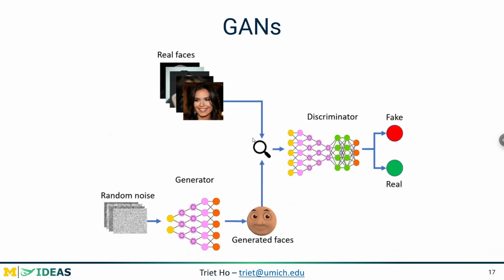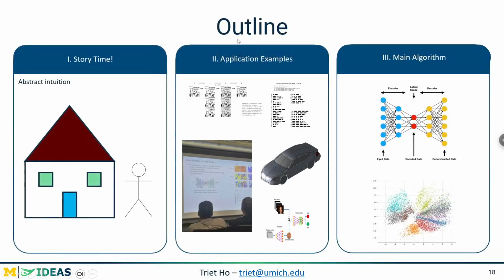This is game theory, but it's basically a competition between two AI models. If you look at this, the generator is a neural network that has an architecture very similar to the decoder in an autoencoder, and the discriminator is very similar to the encoder in an autoencoder. Okay, so that's some examples.